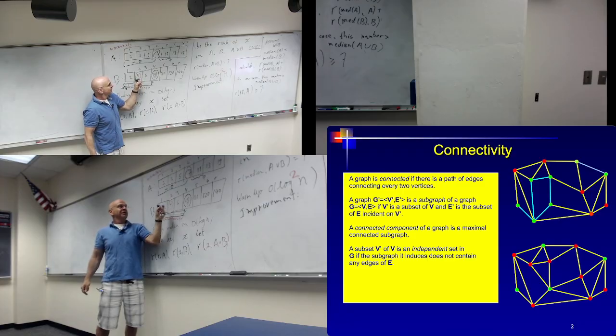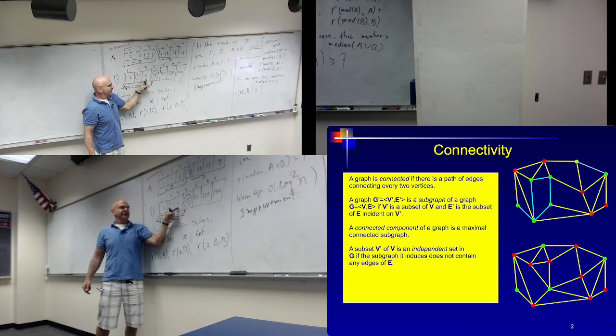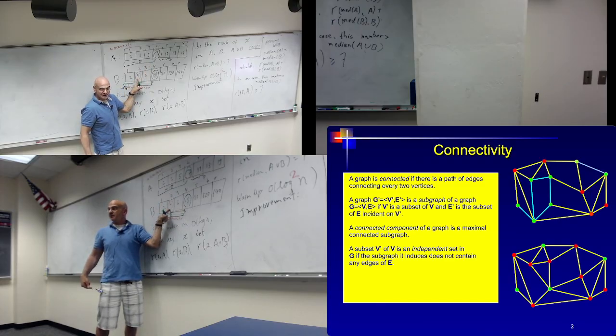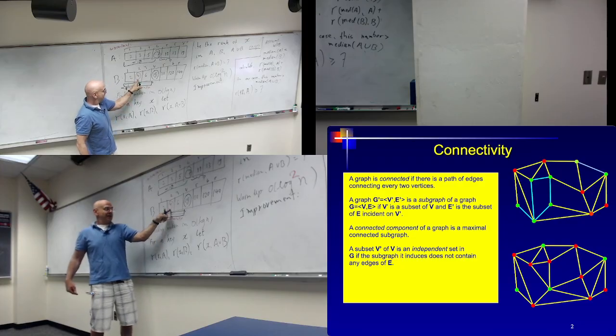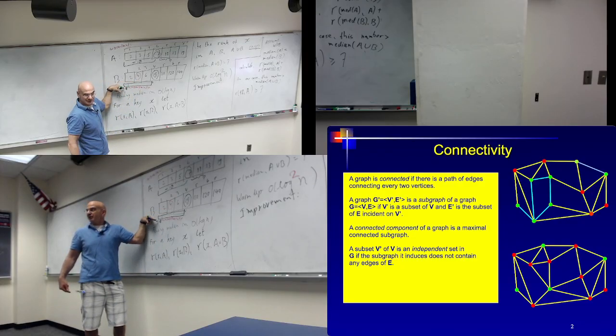Which one is smaller? 4 is smaller than 7. The rank of this guy plus the rank of this guy, is it smaller or larger than 7? It's smaller than 7. 4 plus 2 is smaller than 7, implying that everybody that is smaller than the small guy, in this case.